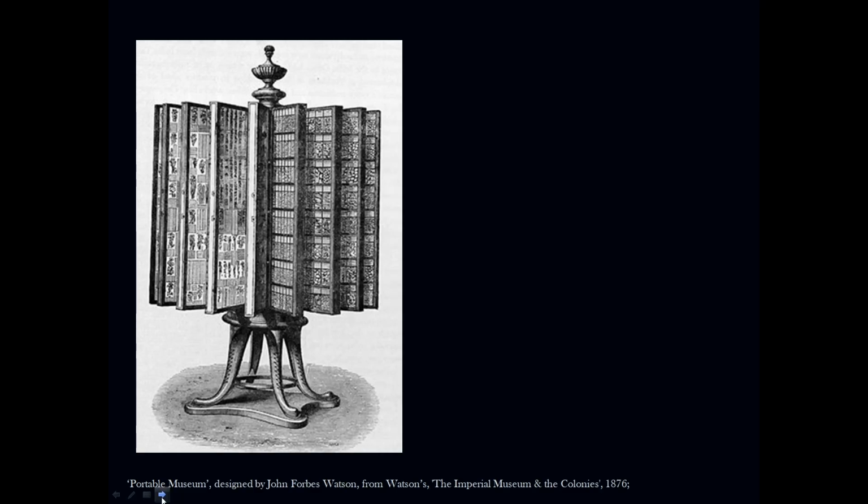This was considered one of a kind, the first portable museum setup, that came up in and around 1876, and it was displayed as part of the exhibition, the Imperial Museum and the Colonies.